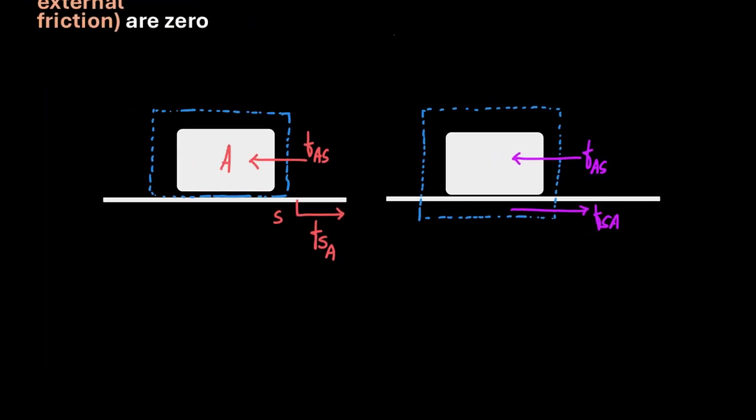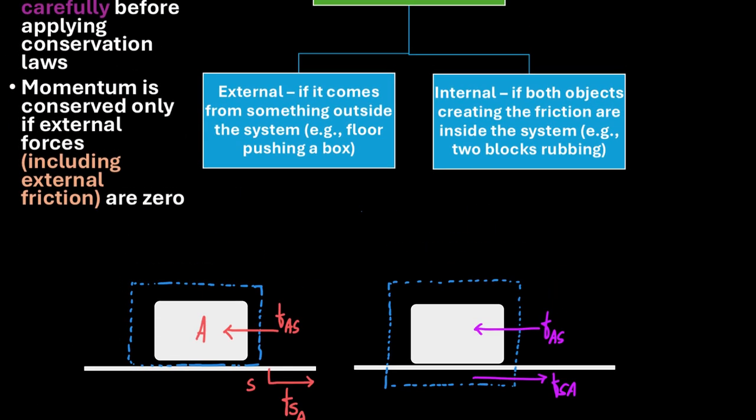To make it more precise, let's take an example here. So we have an object A sliding on a surface S. The surface is not smooth, which means there is friction between the surface and the object A or the block A. Now, there are two forces acting here.